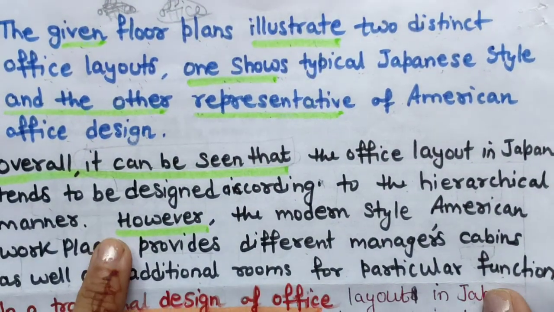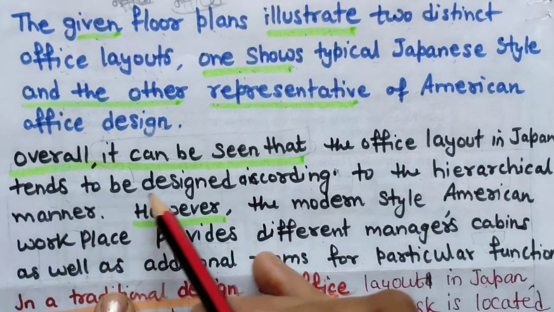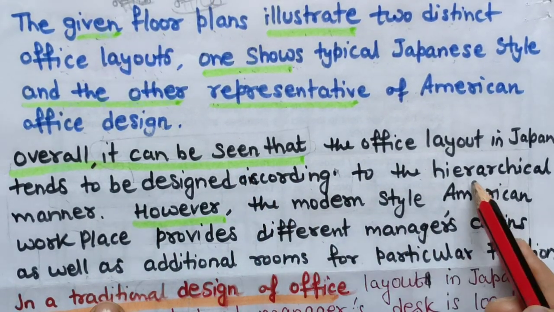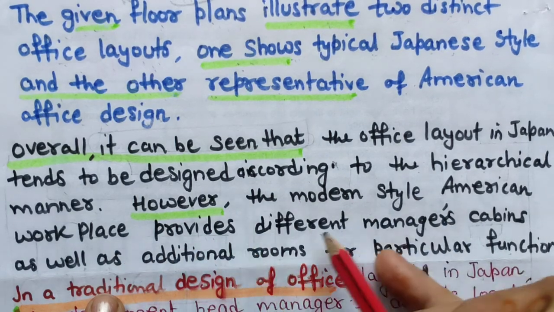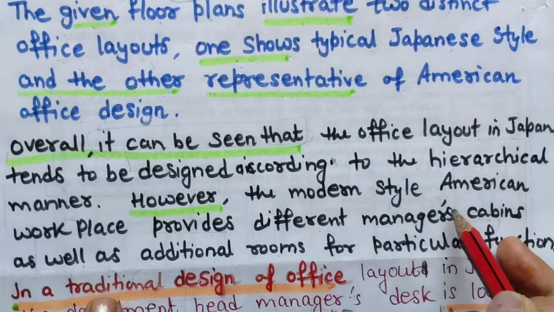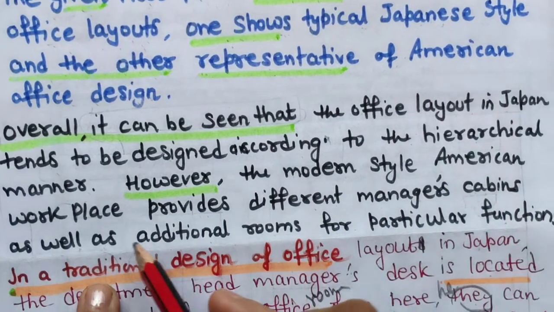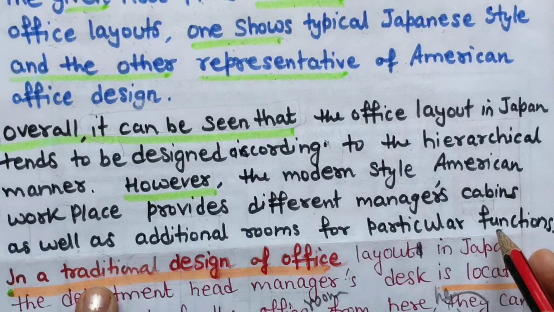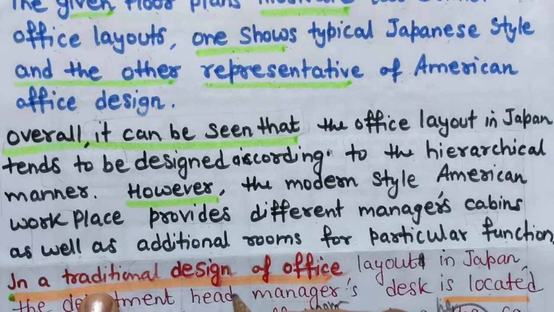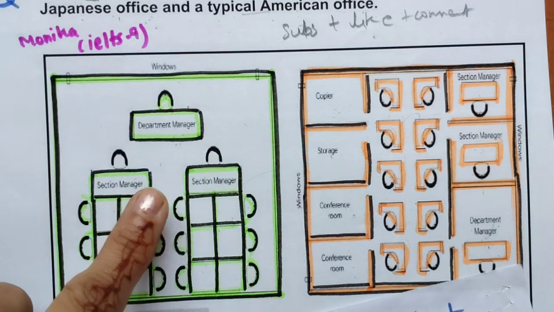Okay, so here it can be seen that the office layout in Japan tends to be designed according to the hierarchical manner. However, the modern style American workplace provides different managers' cabins, as well as additional room for particular functions. Meaning particular functions or facilities, you can write. So in short, we have talked about the overall paragraph.